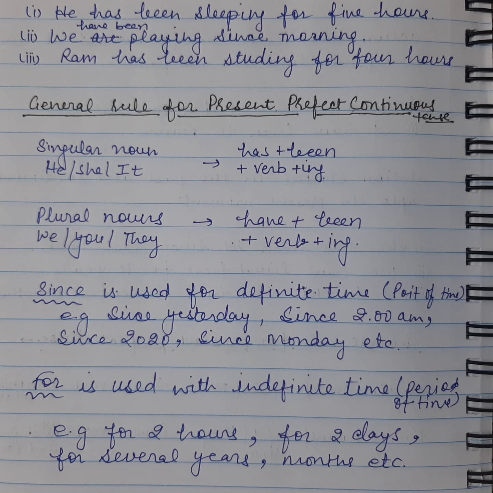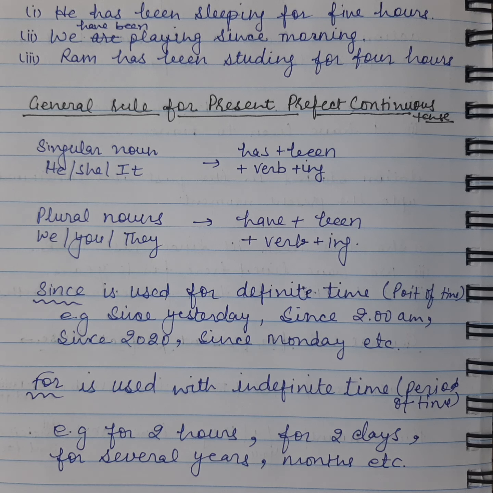Let's also discuss when we use since and when we use for. Since is used for a definite time. For example, since yesterday, since 2 a.m., since 2020, since Monday. Here it's a definite day, time, or year.